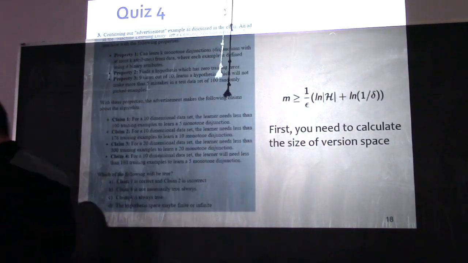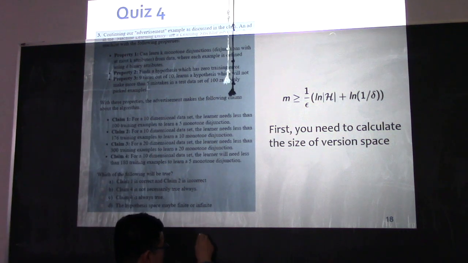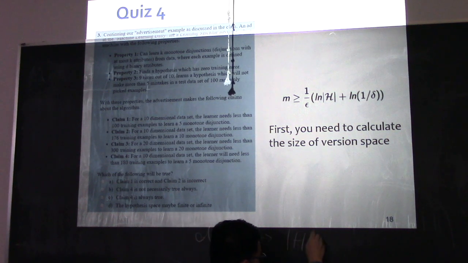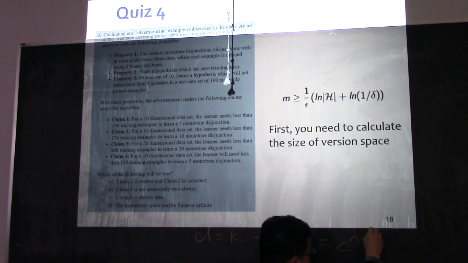If d equals k, the size of the version space should be 2 to the power d.